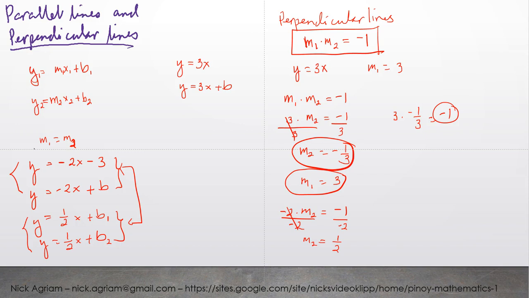If they are not the same, then you can find a solution. This is for my next video actually, but I'm going to write it here. If m sub 1 is not equal to m sub 2, then you will have a solution.